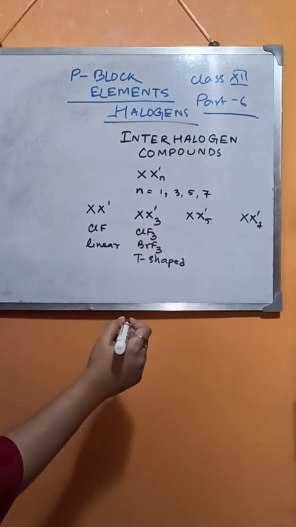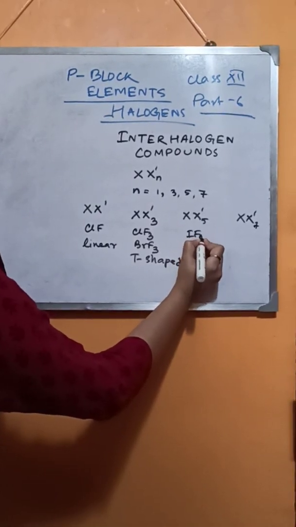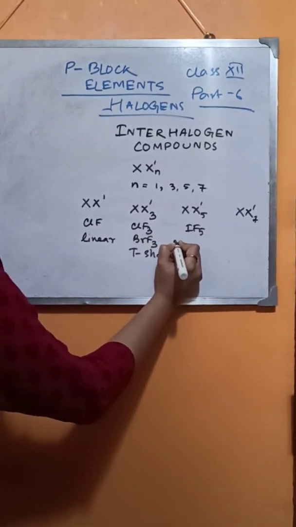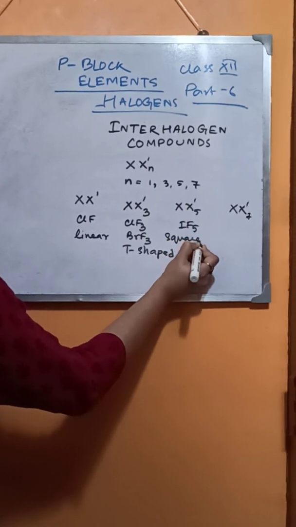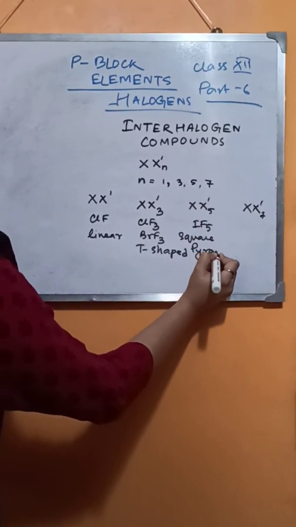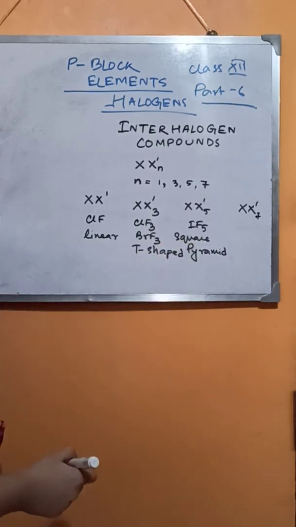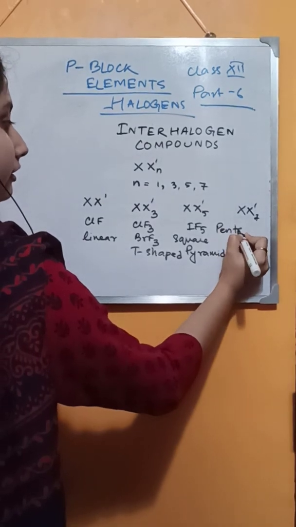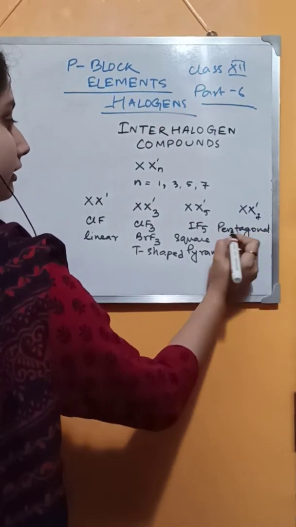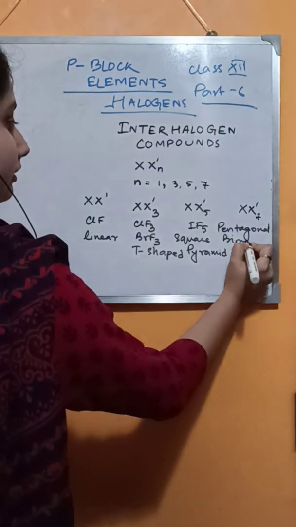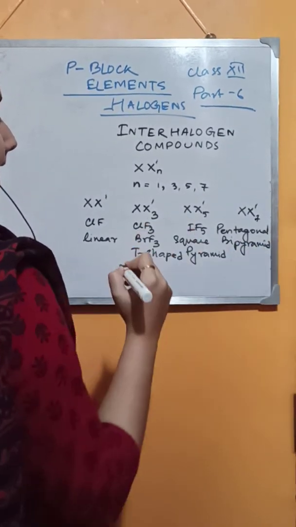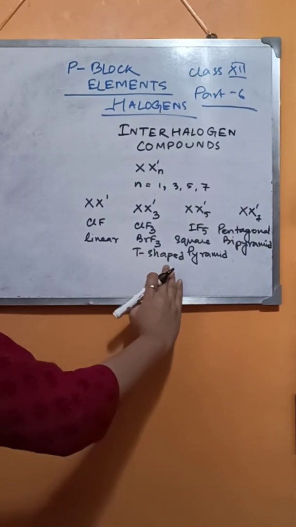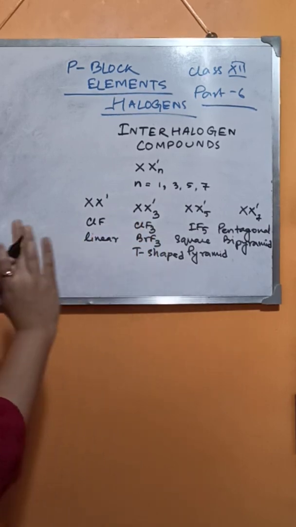For XX'5, geometry is square pyramidal. For XX'7, it is pentagonal bipyramidal. These are the 4 different types of interhalogen compounds.